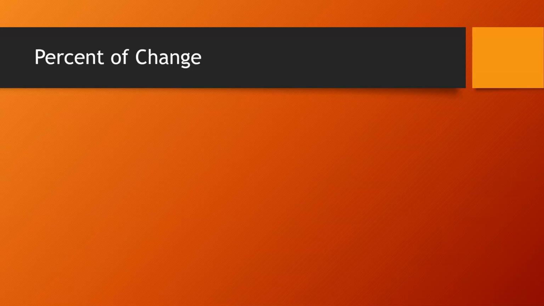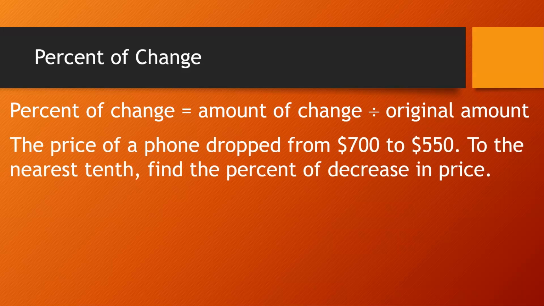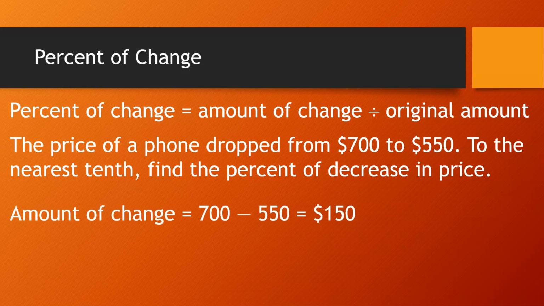For percent of change, we need to know two things. We need to know how much change happened between the two values and what the original value was. For example, if we know that the price of a phone dropped from $700 to $550, and we'd like to find the percent of decrease in price, the first step will be to find how much the price changed.